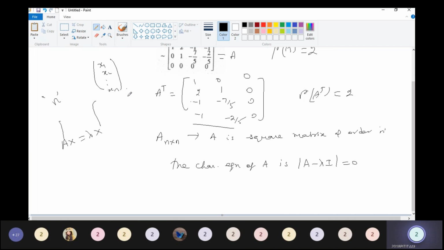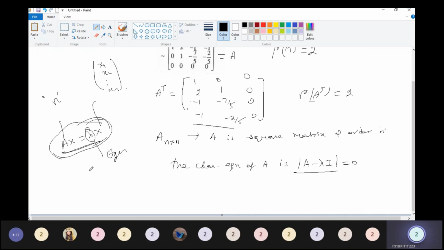And if a matrix has only one row, we call it a row vector or simply a vector. So this column vector is called an eigenvector if it satisfies this equation, where lambda is some scalar. So lambda is the eigenvalue. The scalar which satisfies this matrix equation is called an eigenvalue of the matrix. Okay, this is the general characteristic equation of the matrix A of order n.